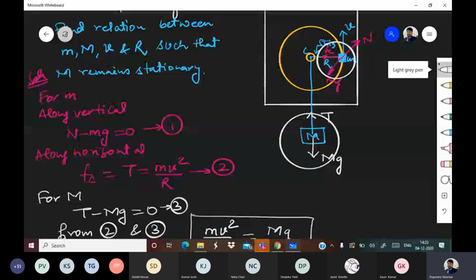Tension at another end is helping small m to move on a circular path. Same tension is playing two roles at two places. At one place, it is holding capital Mg, and at another place it is making sure that small m is moving on a circular path. All right.